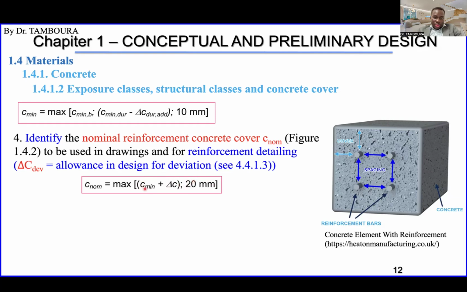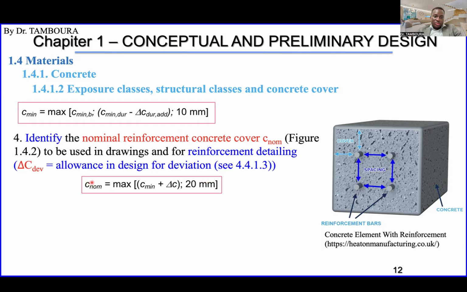If C minimum plus delta C is larger than 20, then you consider it as C nominal. But if this is smaller than 20, then you have to consider 20 as the C nominal. So it means C nominal is the maximum between this one and 20. Okay?